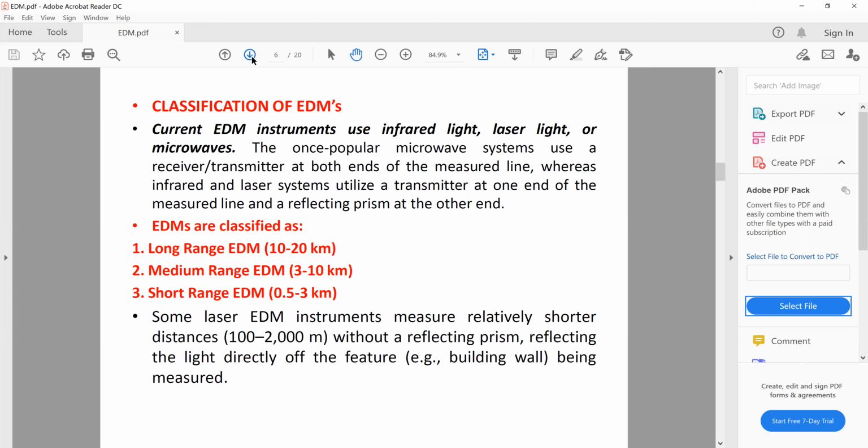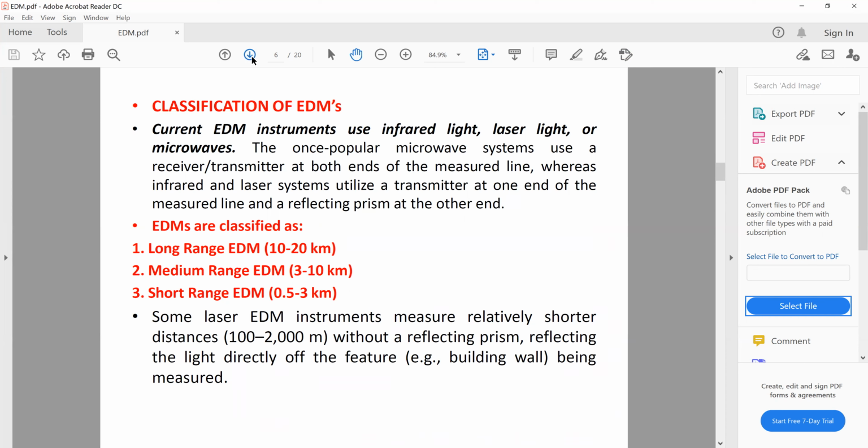So you can see we have different ranges. And in order to cope with longer lengths, you have those modified instruments. So you have wavelength modifications so that it can travel for more distance without energy dissipating.